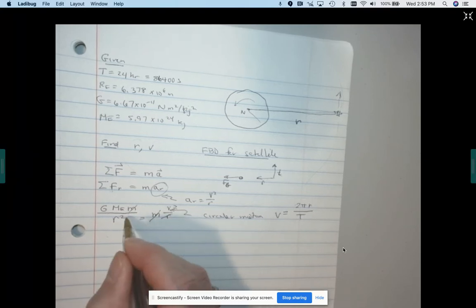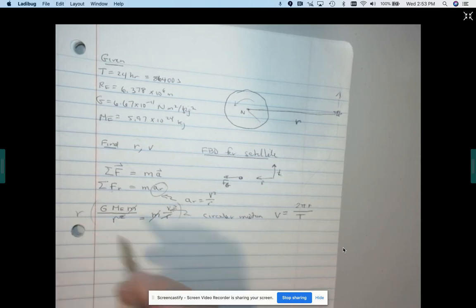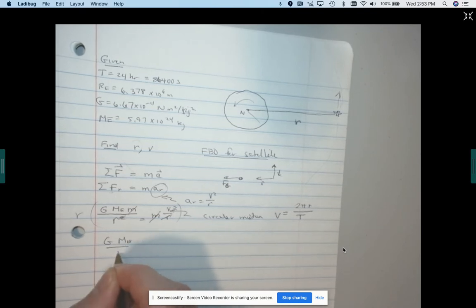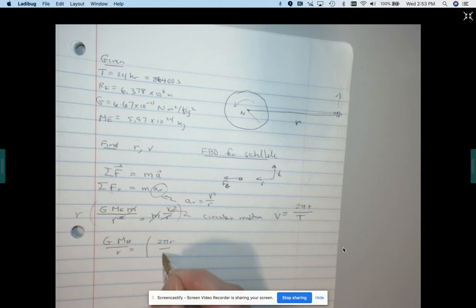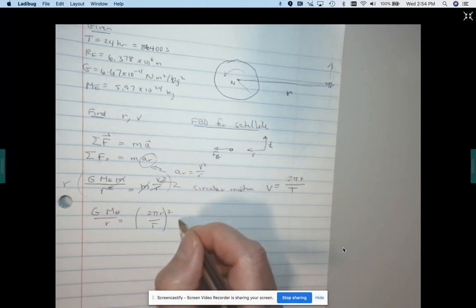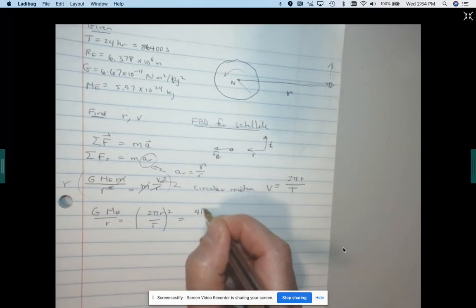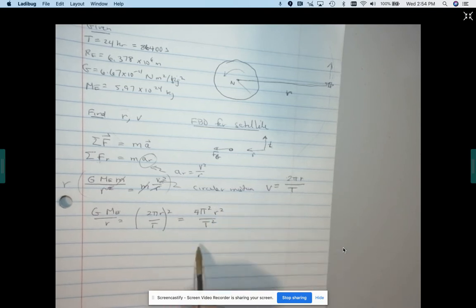So if I cancel that out, or another way to say that is multiply both sides by r, we get G M_E over r equals v squared. And that's 2 pi r over the period, squared, which equals 4 pi squared r squared over the period squared.